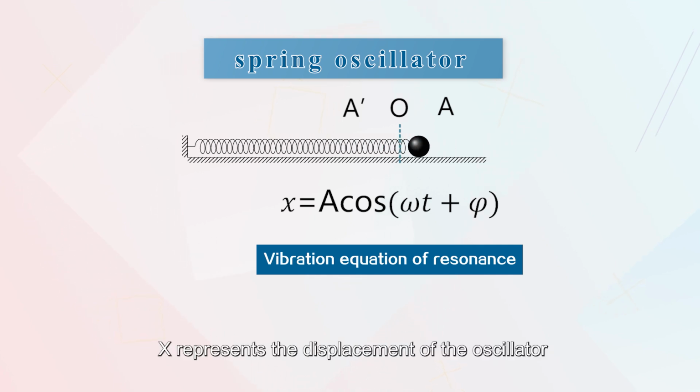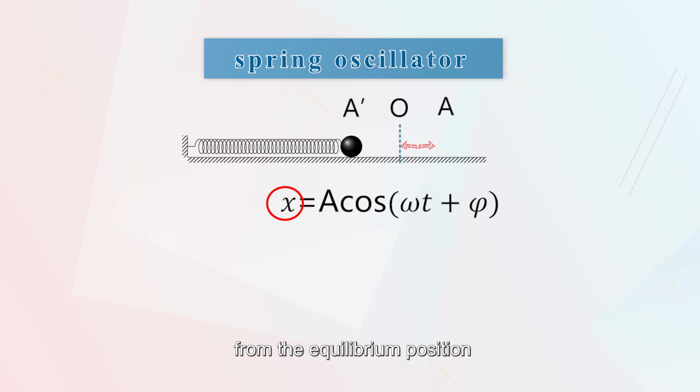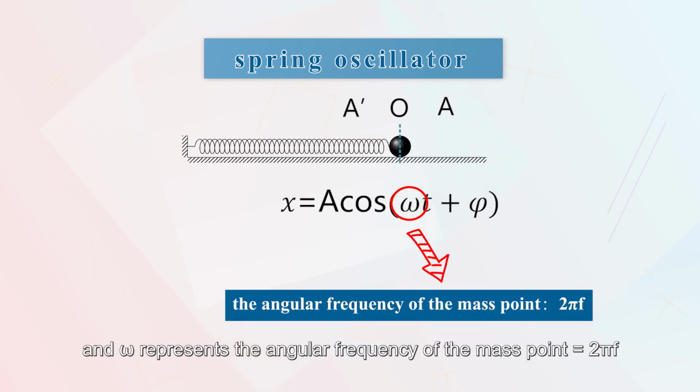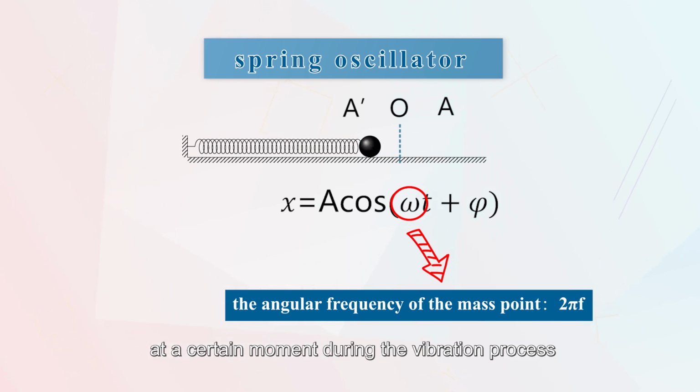In the formula, x represents the displacement of the oscillator from the equilibrium position, and omega represents the angular frequency, equal to 2 pi f. It represents the displacement of a vibrating object at a certain moment during the vibration process.